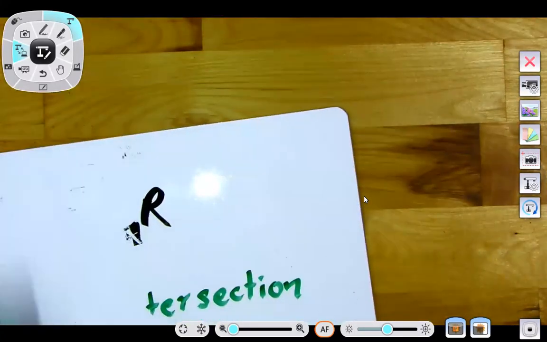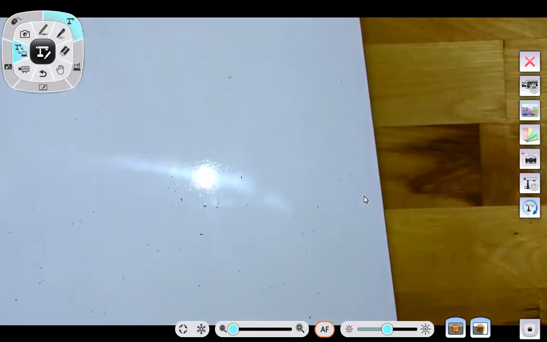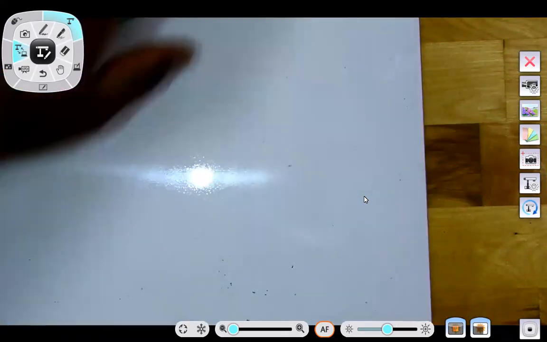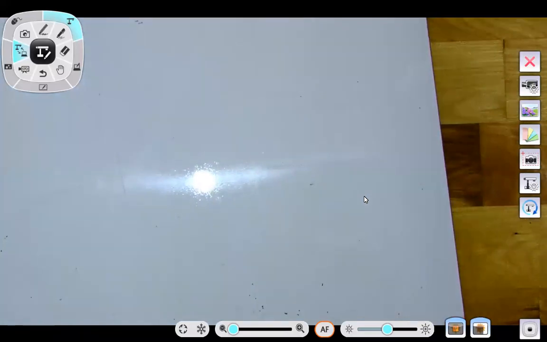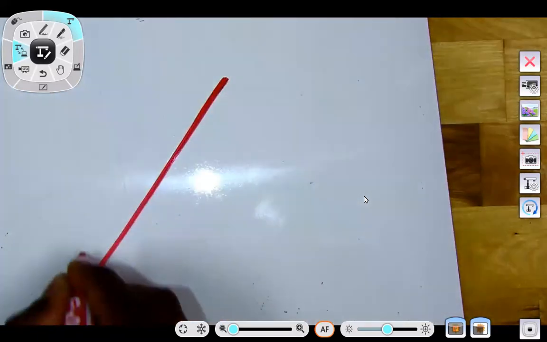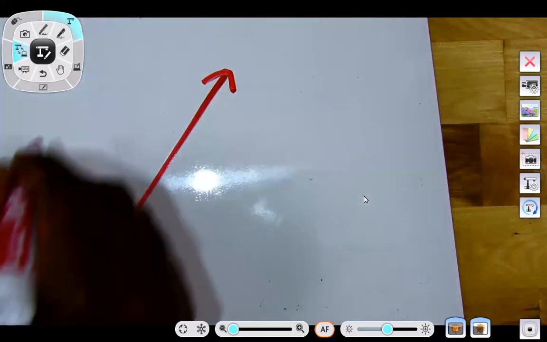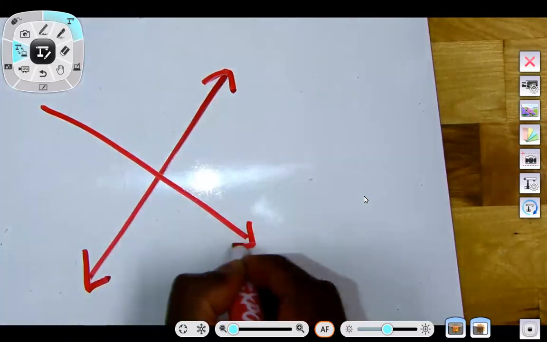Now, let's look at what else we learned. If two lines intersect, it has to be arrows, though it can be line segments too.